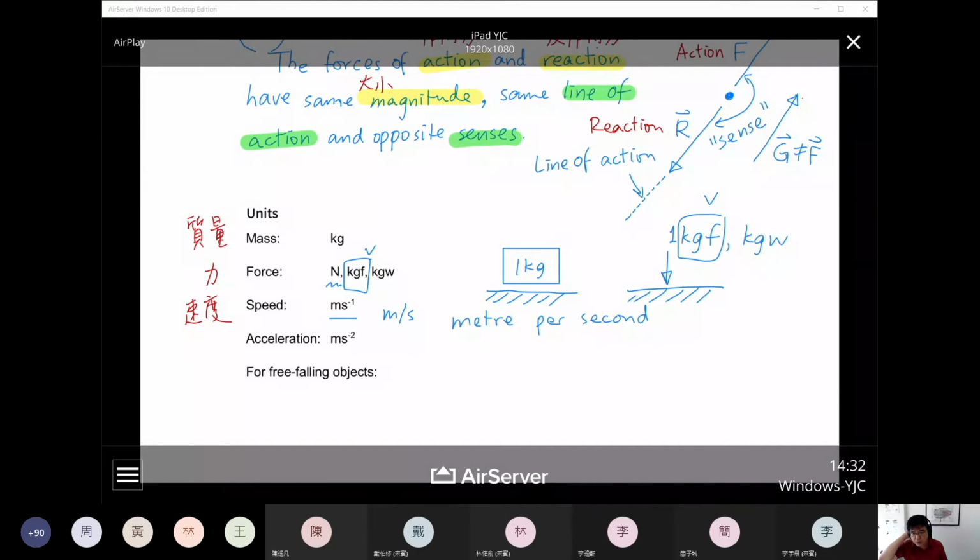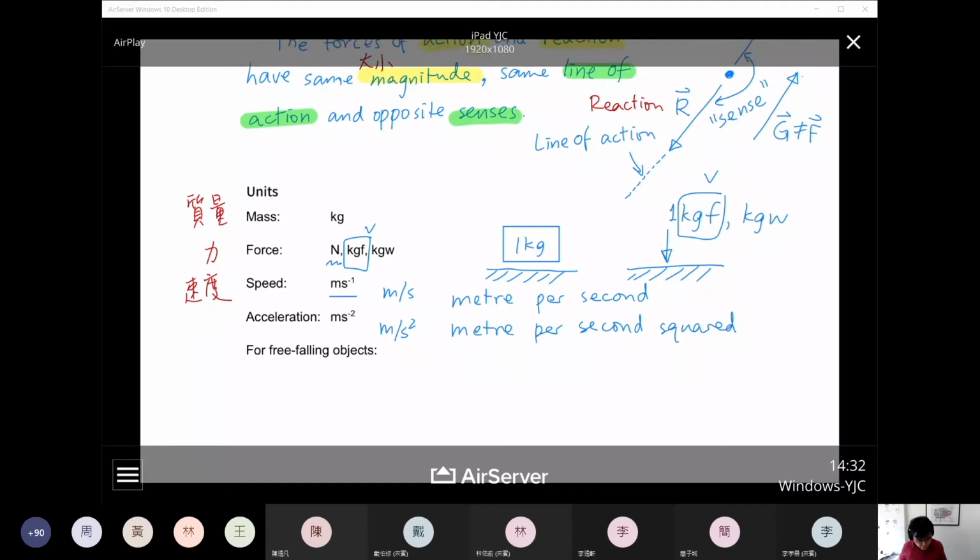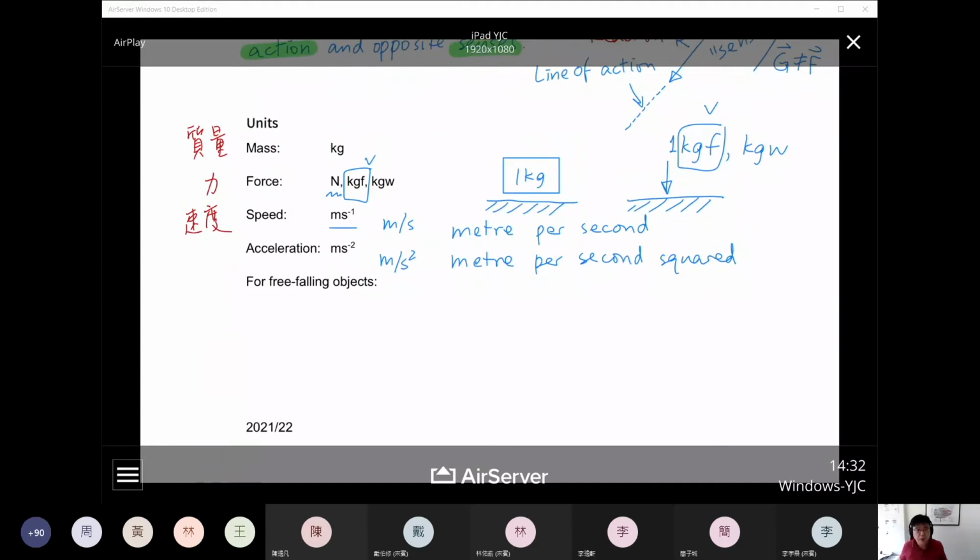I'll sort out why we can't listen to you during the break. So for this one, meter per second. This one we call meter per second squared.